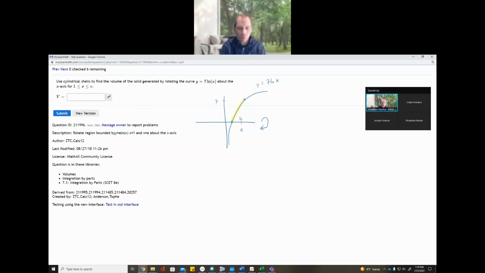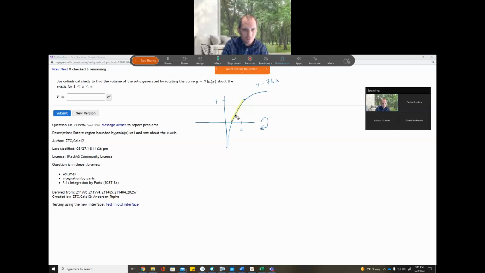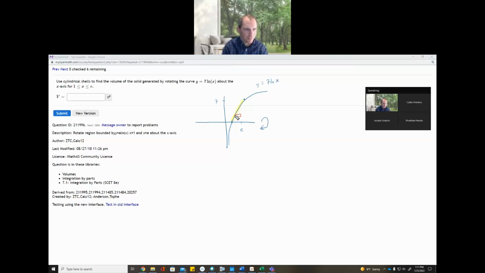So I say, okay, in order to get a shell out of this, I have to start with my rectangles going left, right. So what I'm going to do is rewrite this equation.